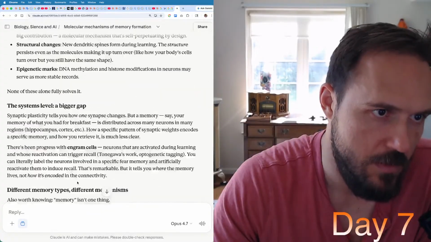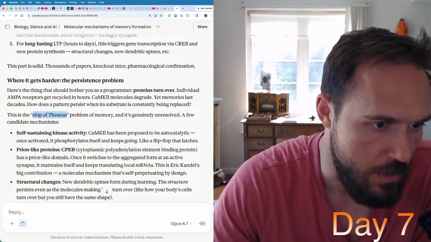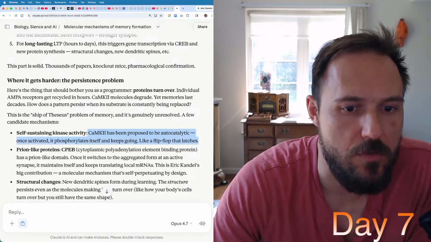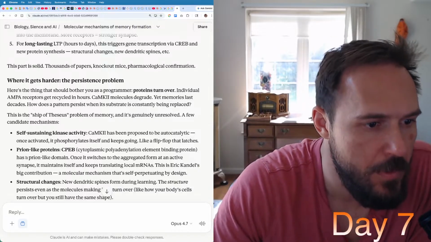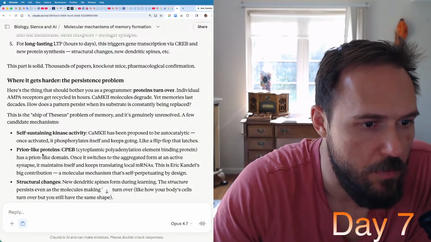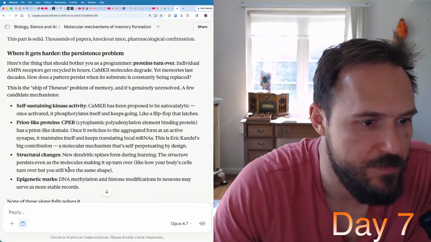Epigenetic marks. So where's the self-sustaining kinase activity? Prion-like, oh, so that's what memory is. Are they prion-like protein CPEB? Not sure.